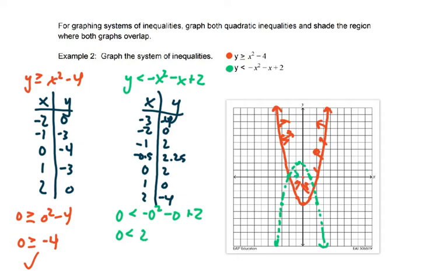So 0, 0 is inside the green one, which means the only area that's going to get shaded by both of them is the one in between. It does not always work out like that. It just did now. And remember, once again, just like before, if you changed your signs in your graphing calculator, it would have shown you where the overlap was on the graphing calculator, and we wouldn't have to do a test point.